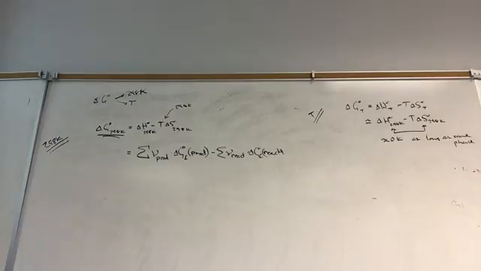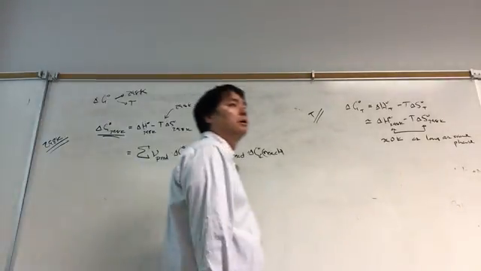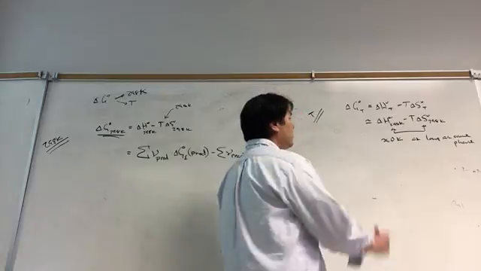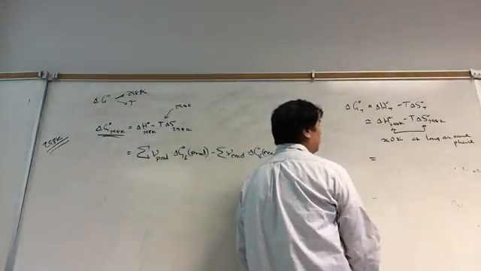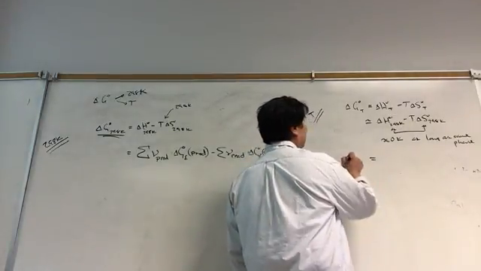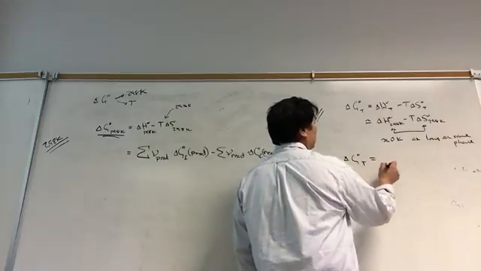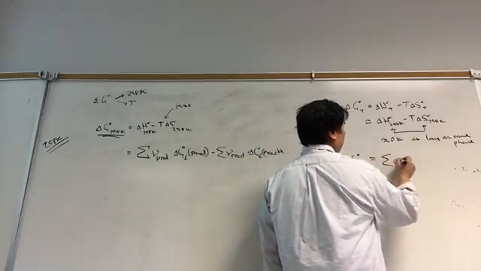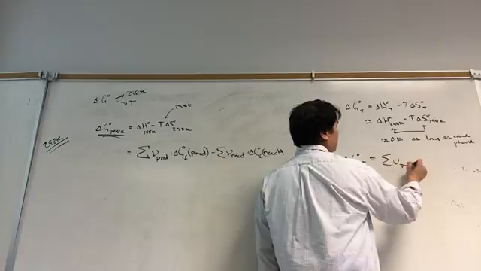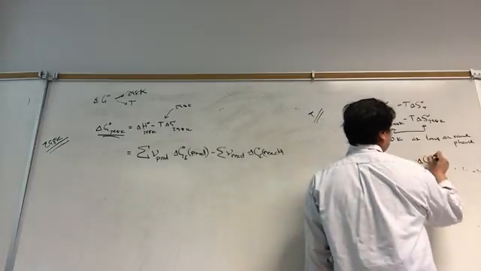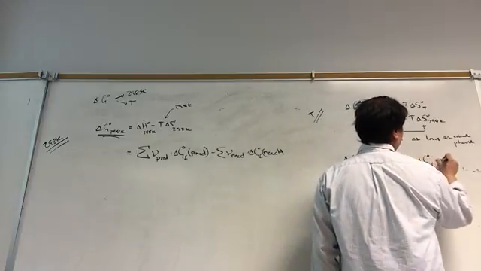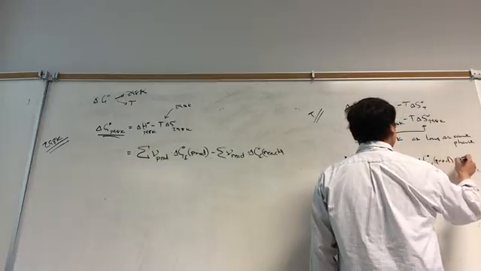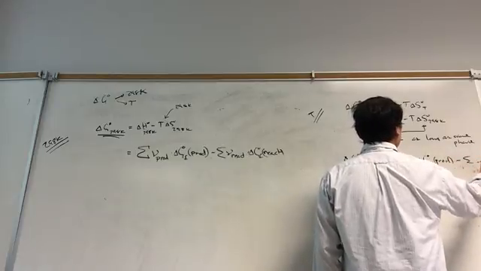Now, can we say that delta G naught at temperature T is equal to the sum of nu, the products, times the delta G's of formation of the product, minus the sum and so on?